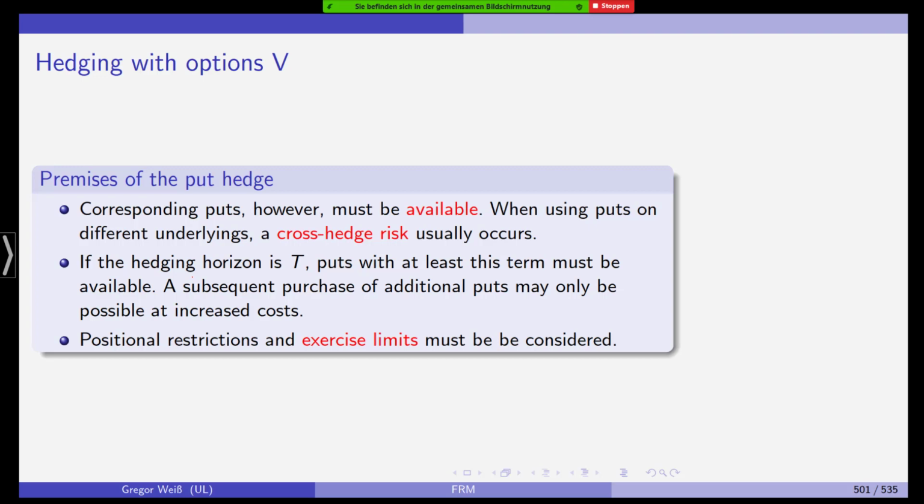Usually, small and medium-sized companies will not engage in derivatives trading because it will expose you to regulation, and it will expose you to supervision by the financial supervisor, and small and medium-sized companies usually do not want this. Insurance companies and banks are also supervised, of course, and sometimes they cannot engage in too much derivatives trading. So there might be positional restrictions and exercise limits.